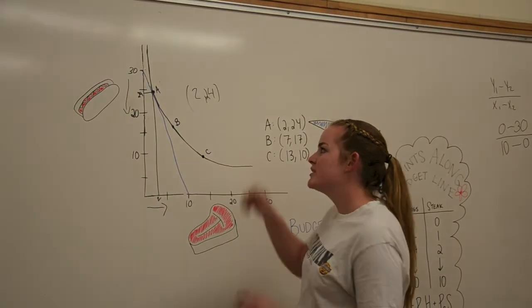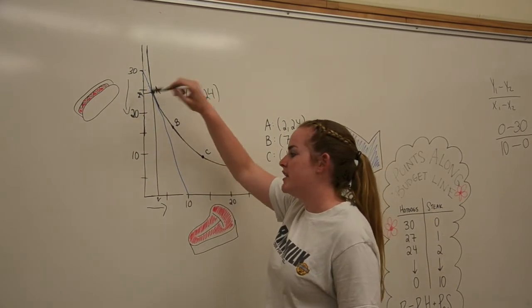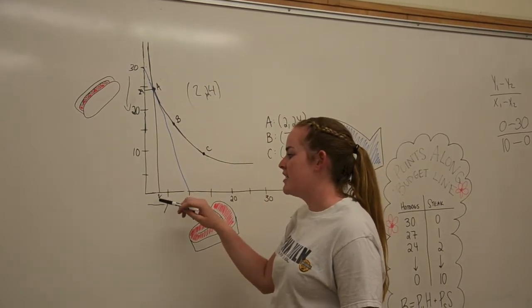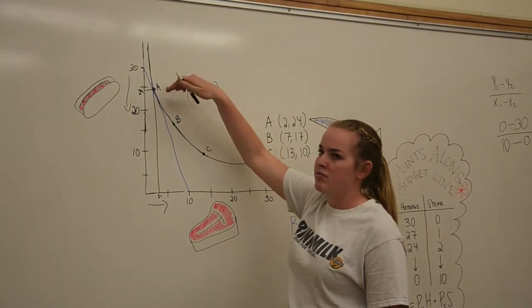And for an additional steak, I decrease the amount of hot dogs I can buy by 3 based on my budget that is $36. The most hot dogs I could buy is 24, and the most steaks I could buy is 2, being on the maximum point of my budget.